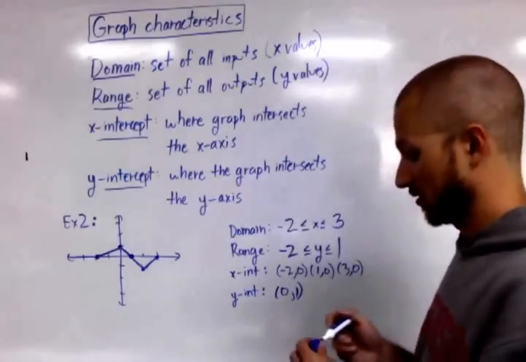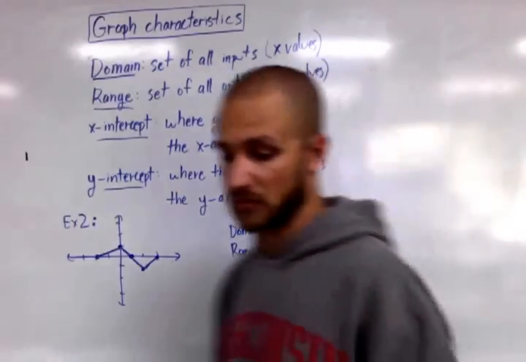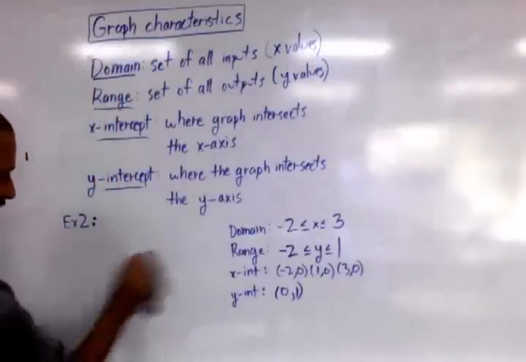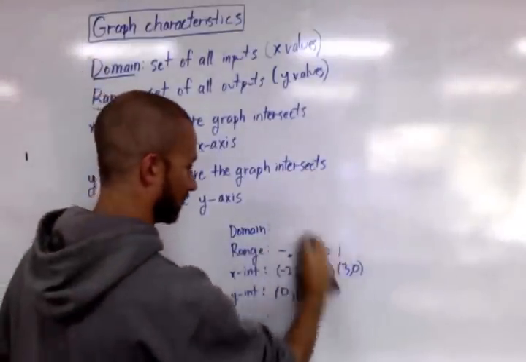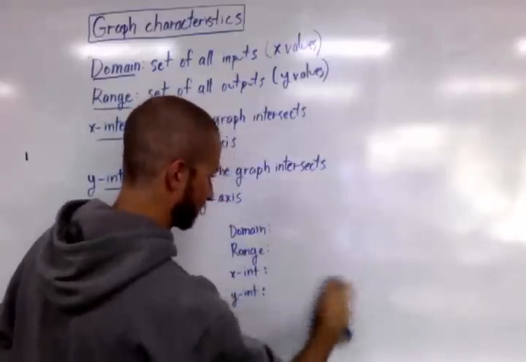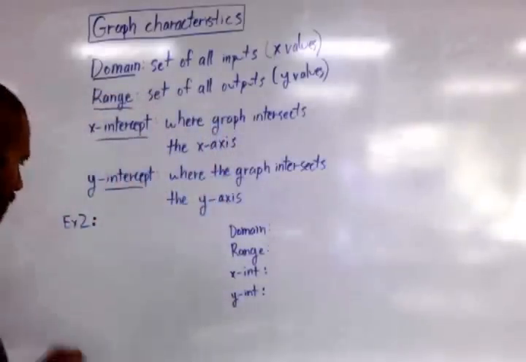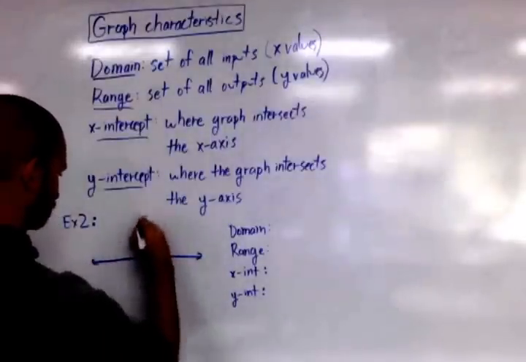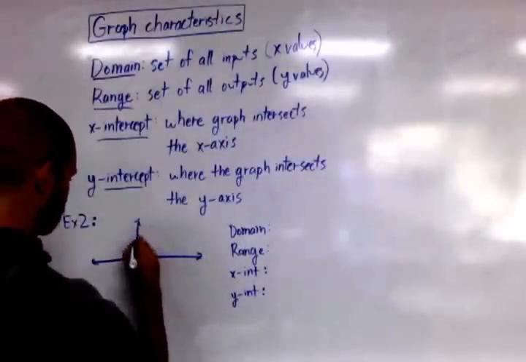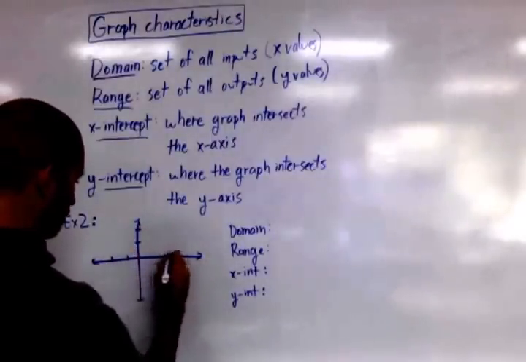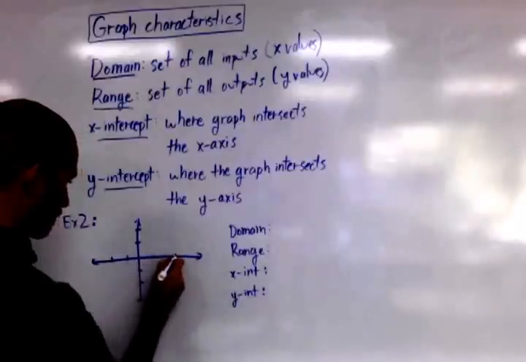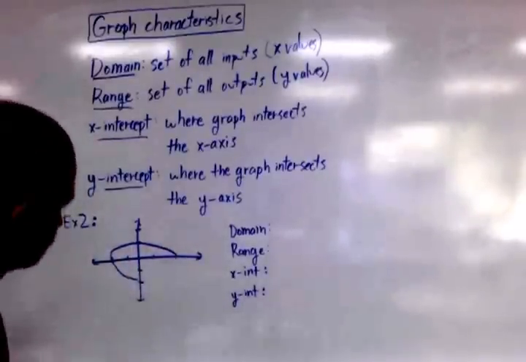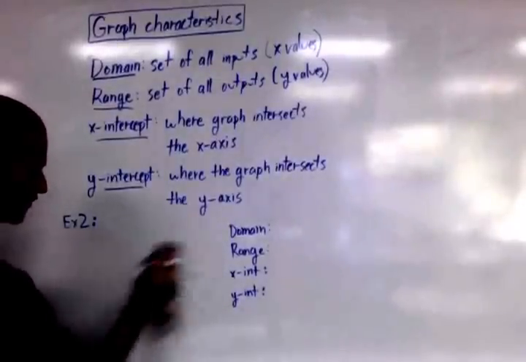All right, last example. We're going to actually deal with something that's shaped like an ellipse here. So it's like a flattened circle in a way. Let's get that set up.